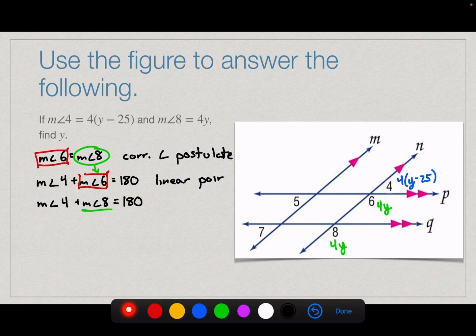It didn't change anything, but what we can say now is that we have 4 times y minus 25 plus 4y equals 180. 4y minus 25, oops, 4y minus 100. We distribute, plus 4y equals 180.